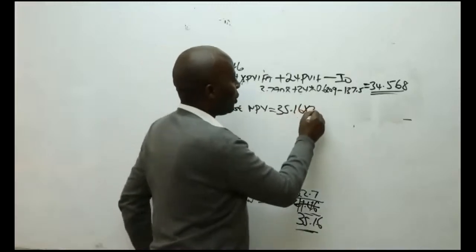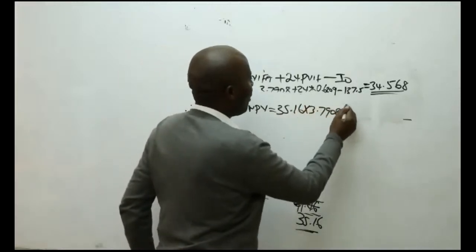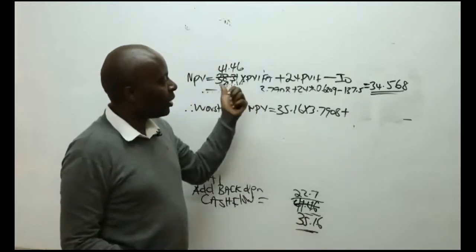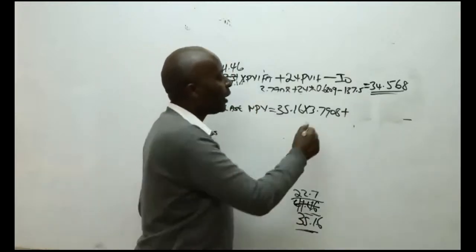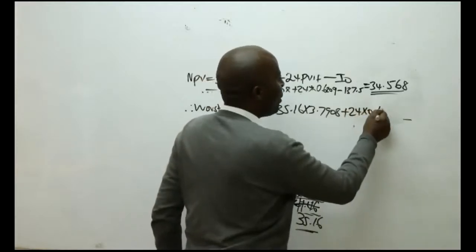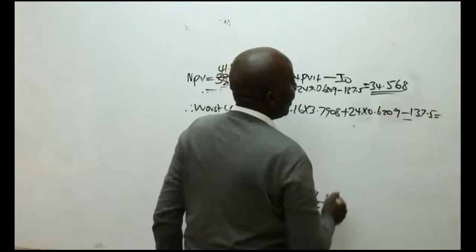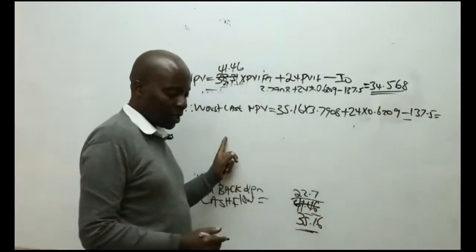PV factor is 3.7908 plus, of course, the terminal cash flow does not change because of your profits having changed. So plus 24 times 0.6209 minus 137.5. Now you should be able to give us this worst case scenario.